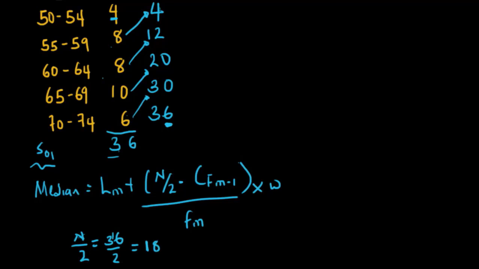So we are trying to look for the 18th value. Where would we find the 18th value? Now the 18th value will be found in this third row, because the cumulative frequency here is 20. So it means the 18th value will be found here. So this is our median class.